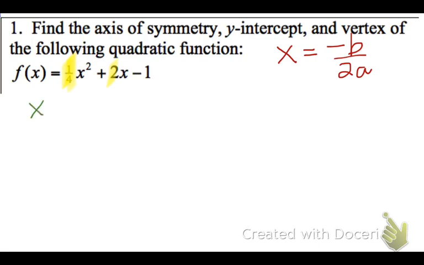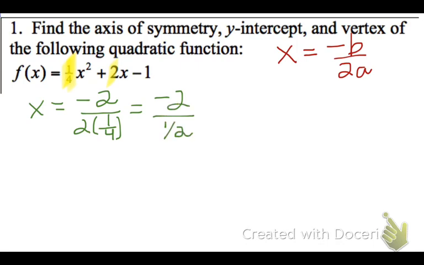So we would have x equals negative b, negative 2, over 2 times a, 2 times a quarter. This would be negative 2 over 1/2, and that would be negative 2 times 2. So negative 2 divided by half is negative 4.